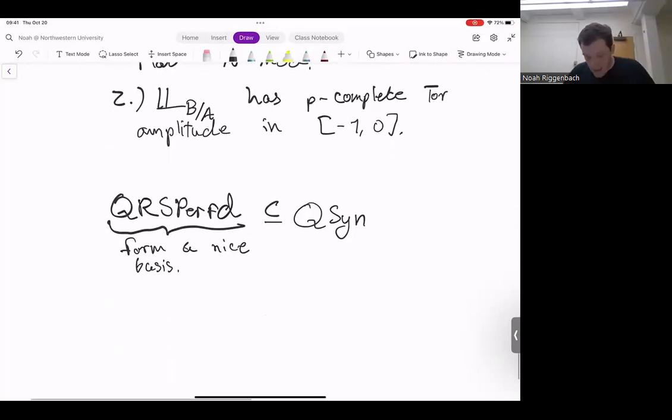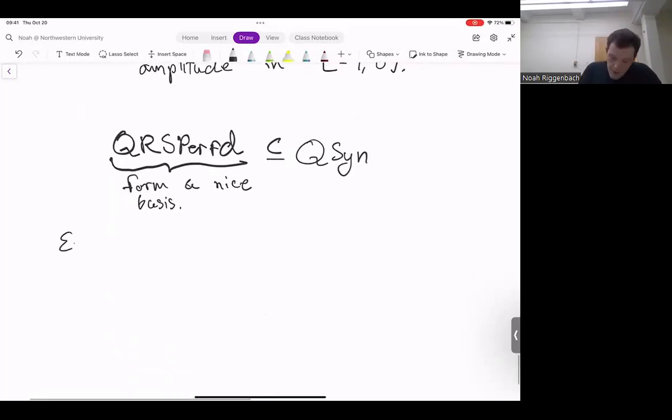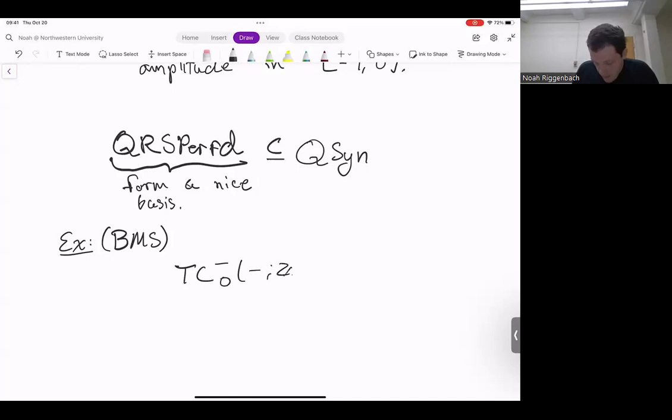And since they form a basis, to define a quasi-syntomic sheaf, it's good enough to define a sheaf on quasi-regular semiperfectoid rings. And so what are some examples? These examples are from Bhatt-Morrow-Scholze. Well, you could look at pi 0 of TC minus, p-completed.